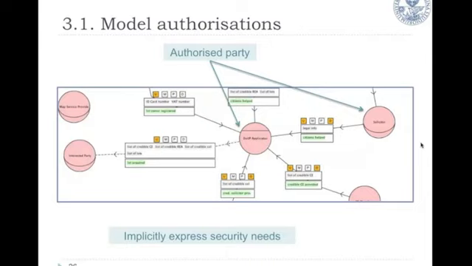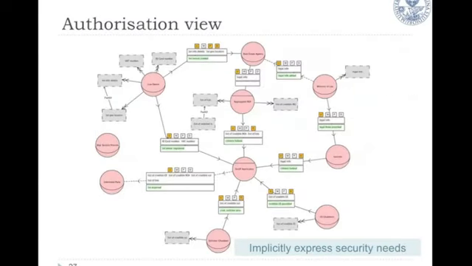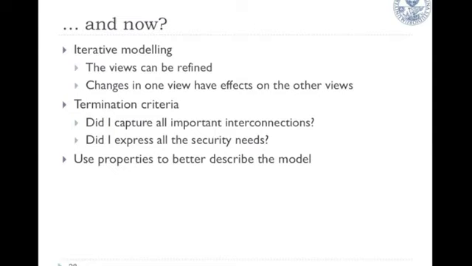In the same way, all the different actors express their expectations regarding security by specifying the type of authorization they grant to their interacting parties. And this is the complete authorization view for our eGov scenario.